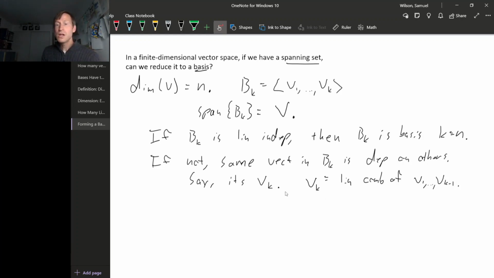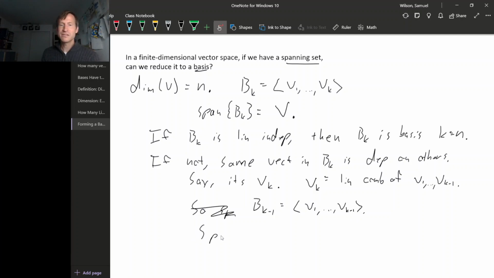All right, well, something that we've shown in the past is that if a vector is a linear combination of others, then throwing away that vector doesn't change the span. So now let me throw away the last vector, and let's call the result b sub k minus 1. So b sub k minus 1 is v sub 1 down to v sub k minus 1.